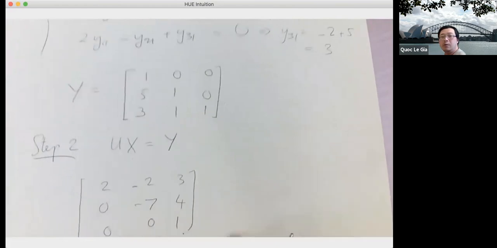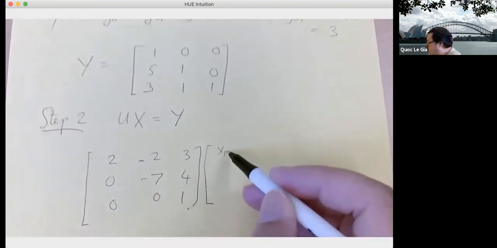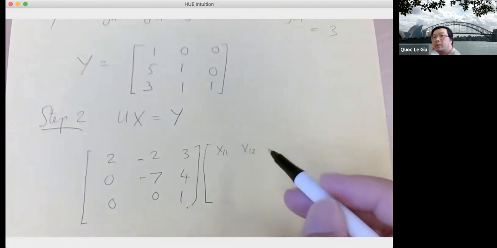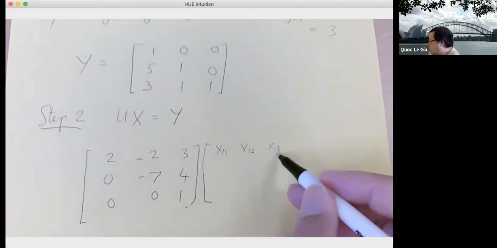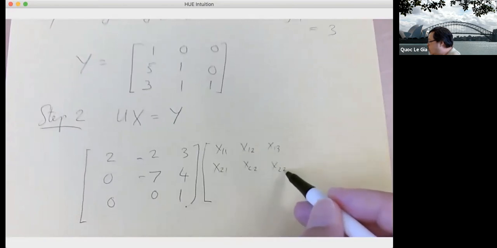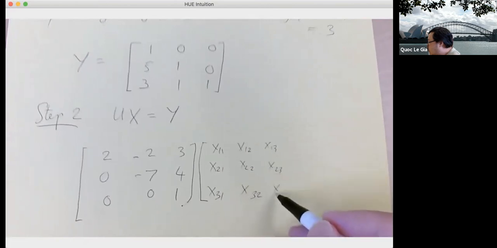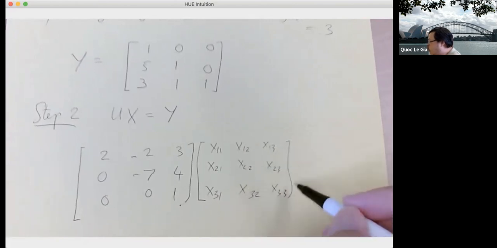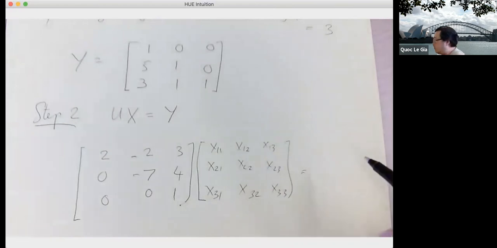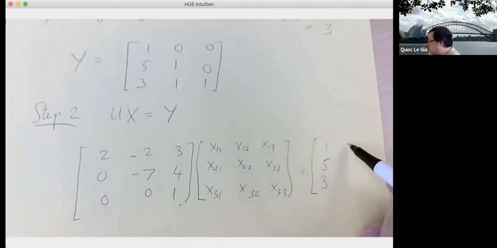Then you put in the matrix X: X11, X12, X13, X21, X22, X23, X31, X32, X33, and equal to the matrix Y, which is 1, 5, 3, 0, 0, 1, 0, 1, 1.